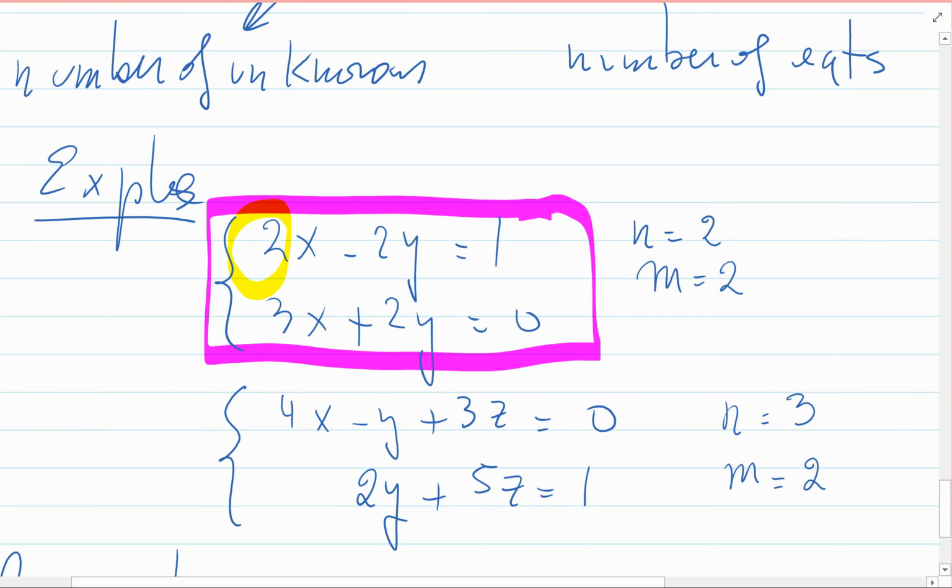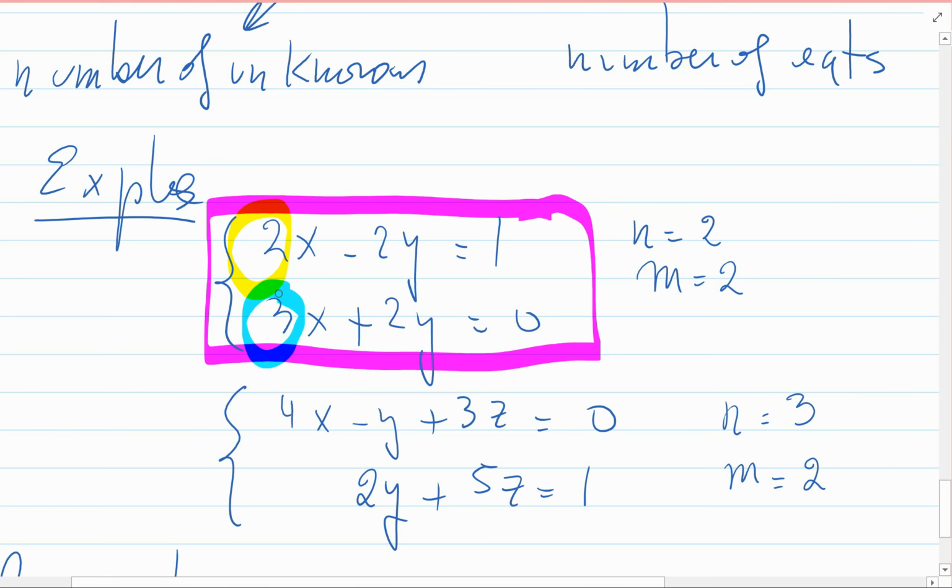So the coefficient of the first unknown, x, in the first equation. What about the coefficient of the first unknown in the second equation? Do you see it?